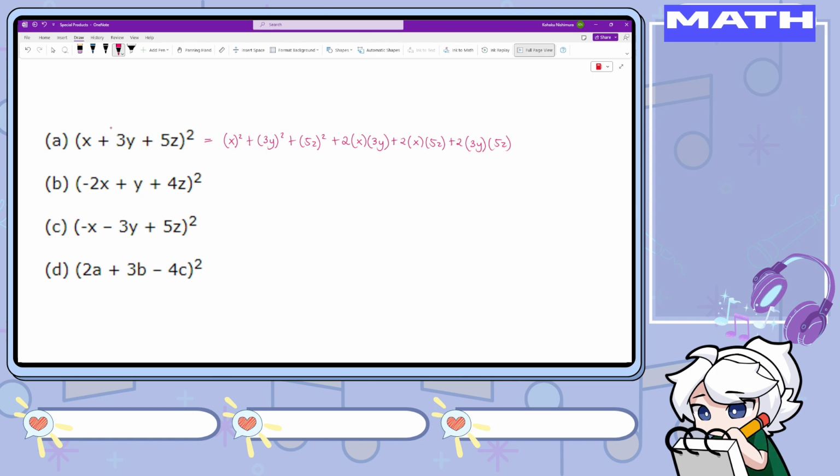If we simplify this, we will have x squared plus 9y squared plus 25c squared plus 2 times 3, 6, x times y, xy, plus 2 times 5, 10, x times c, xc, 2 times 3, 6 times 5 is 30, y times z, yz.